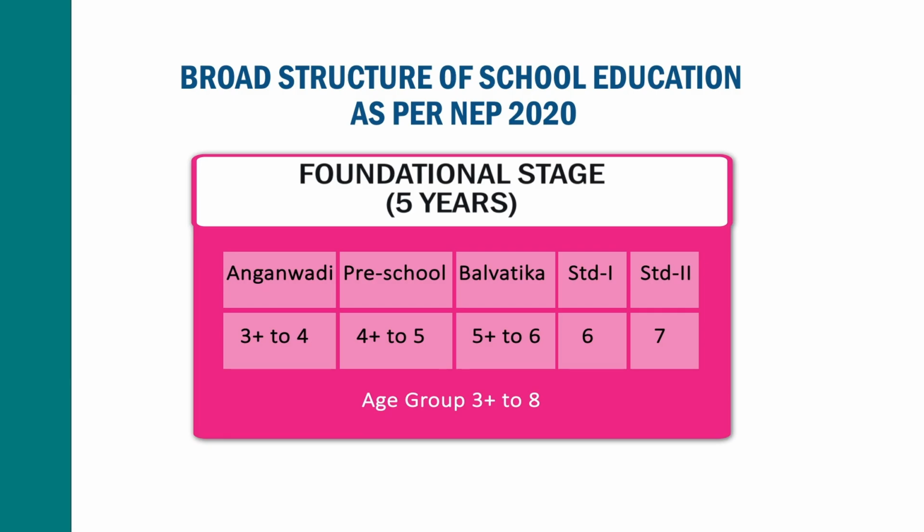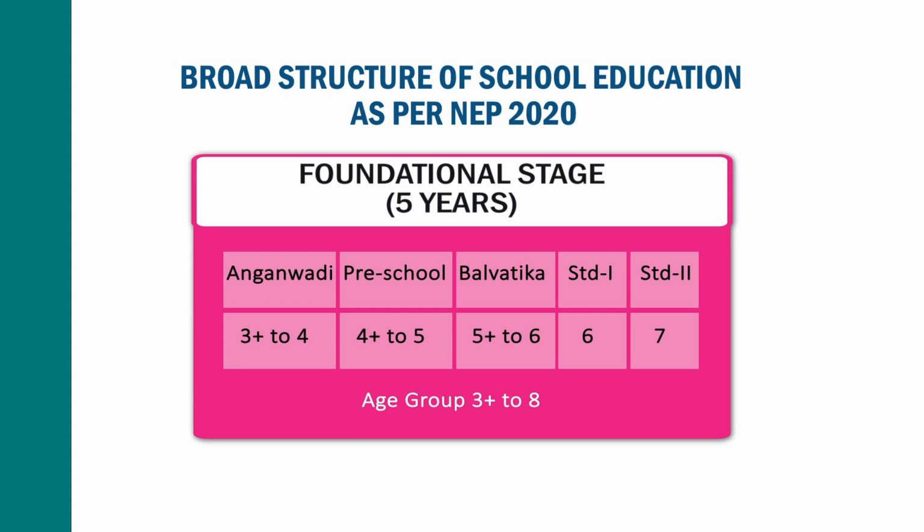Then the third year of foundational stage of school education is called Bal Vatika. The students will take admission or continue at the age of 5 plus to 6. And further 2 years of formal schooling, as per the RTE Act, 2 years of compulsory schooling, that is class 1 and class 2, or you can say standard 1 and standard 2.